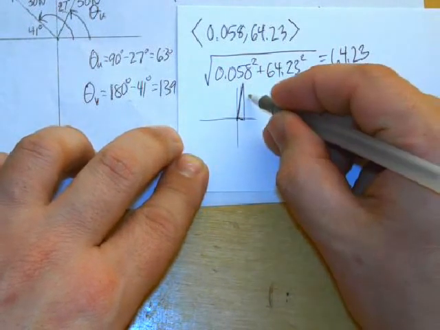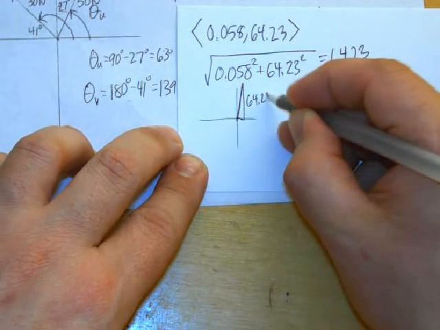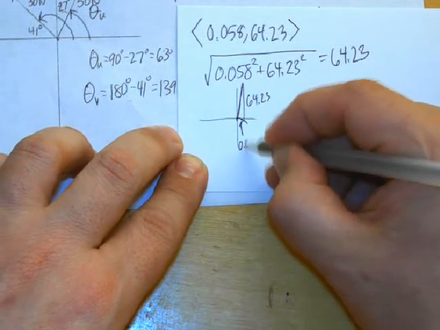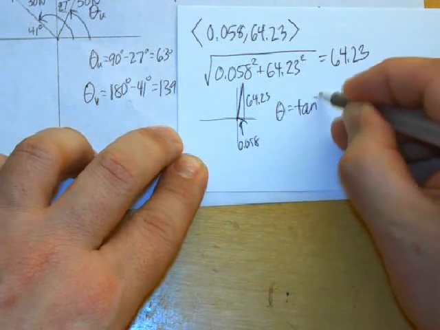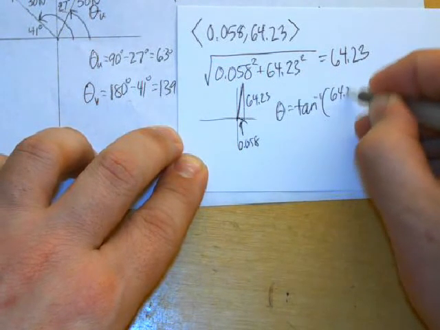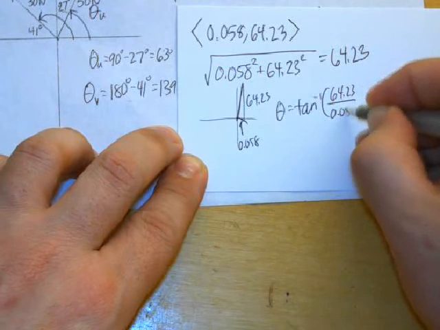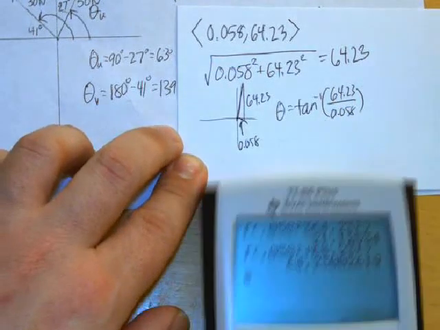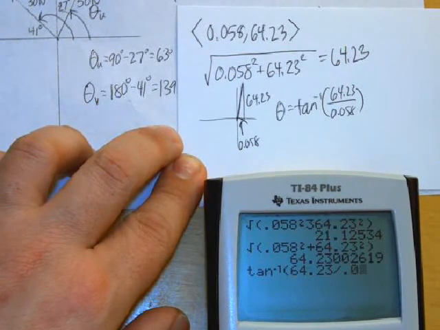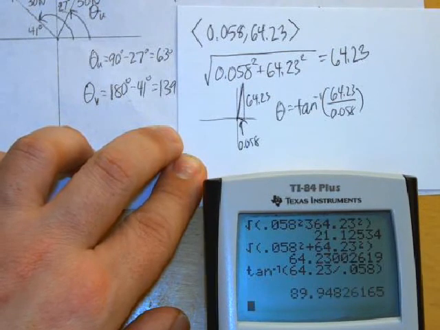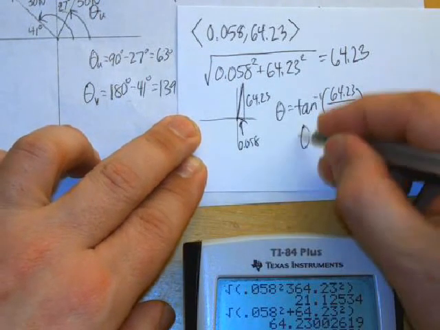So we know this side, the opposite is 64.23. That's 0.058. So we'll take the arctangent of 64.23 over 0.058. And we get about 89.95 degrees.